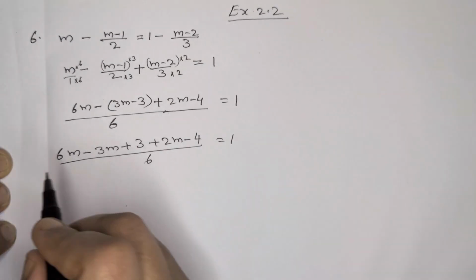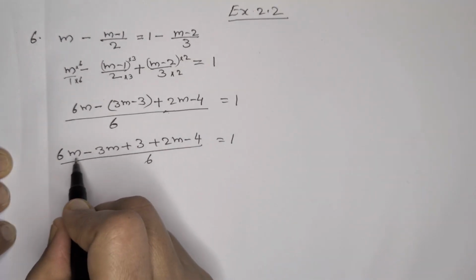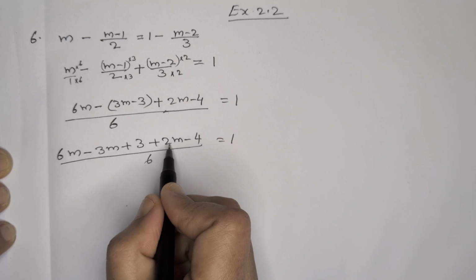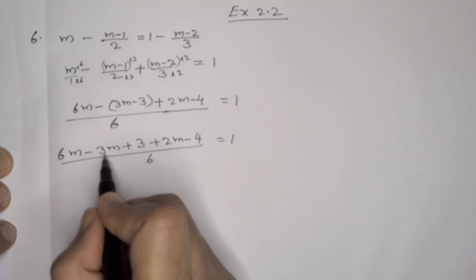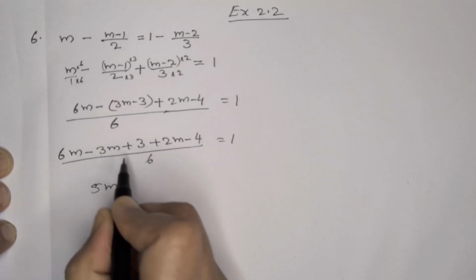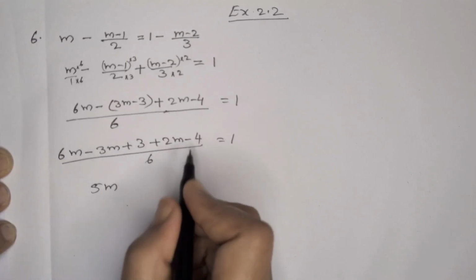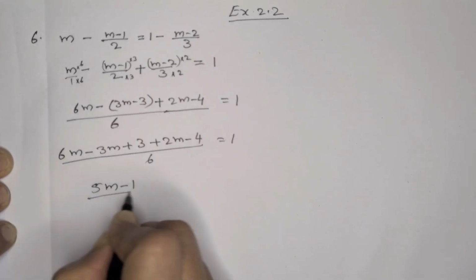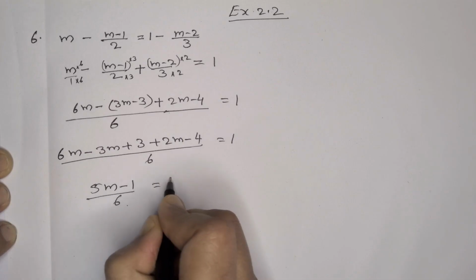Now we can see 6m and 2m, 8m minus 3m, 5m. 5m, and 3 minus 4, minus 1, by 6 is equal to 1.